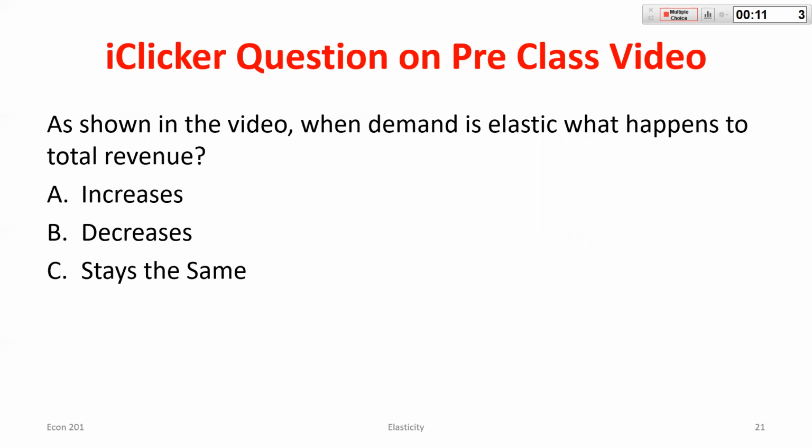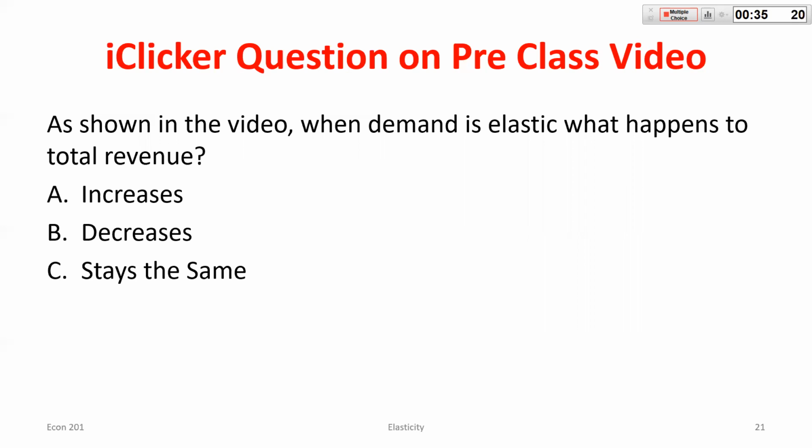So if I've got demand that's elastic, it's very responsive. If I decrease the price, what's going to happen to total revenue? And total revenue is simply price times quantity. So if I'm decreasing the price, that's going to decrease total revenues.